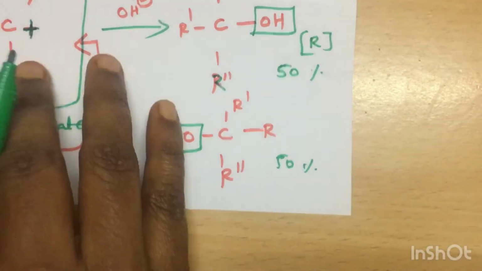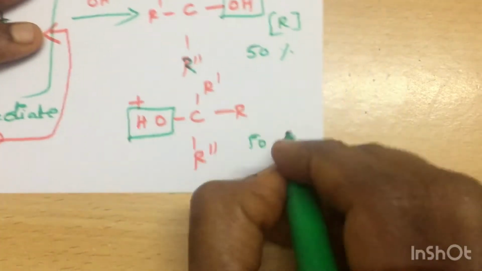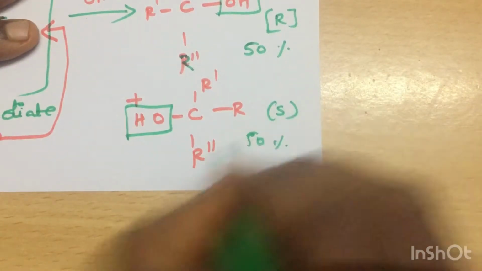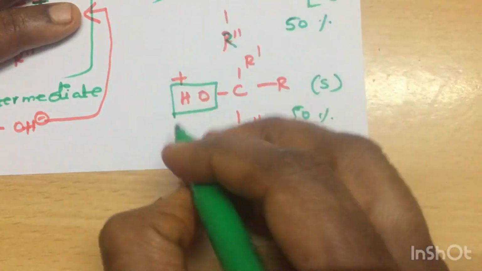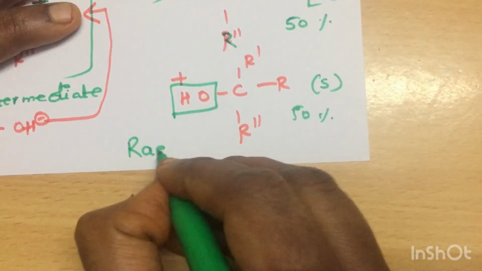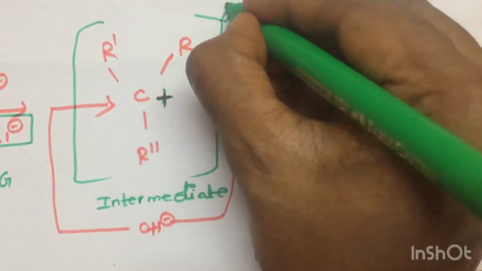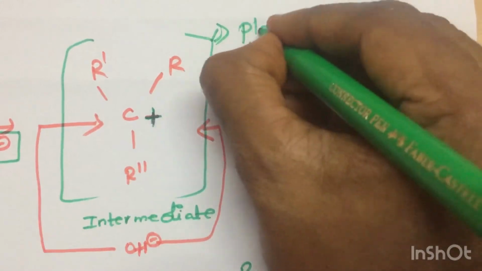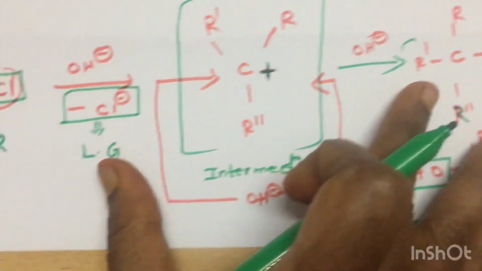R is how it rotates the plane polarized light, and the other represents 50% of S. So together we will call it racemization. And what is the geometry? sp2, planar triangle. This is a planar carbocation.